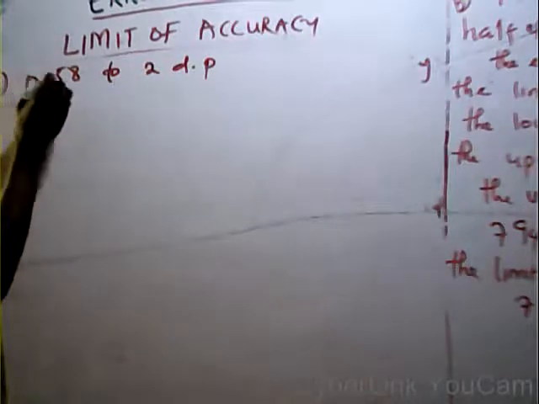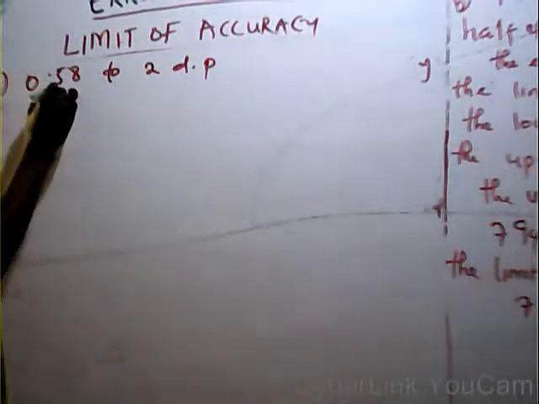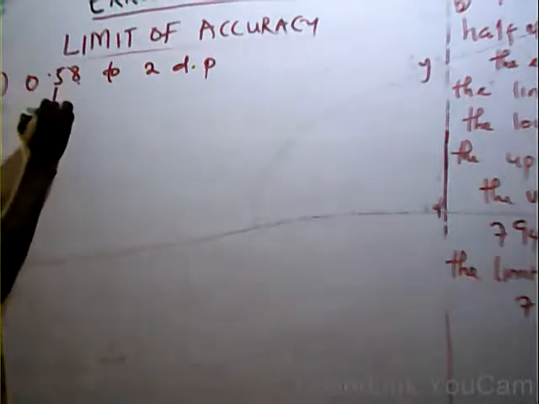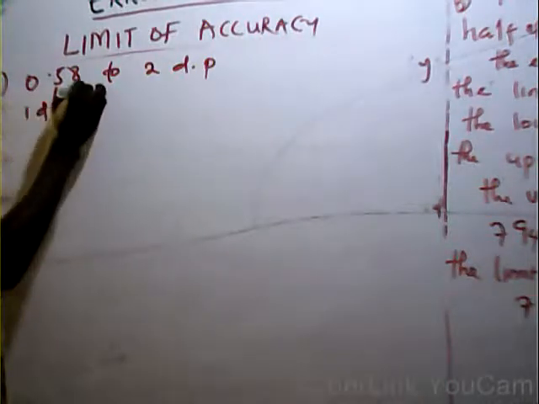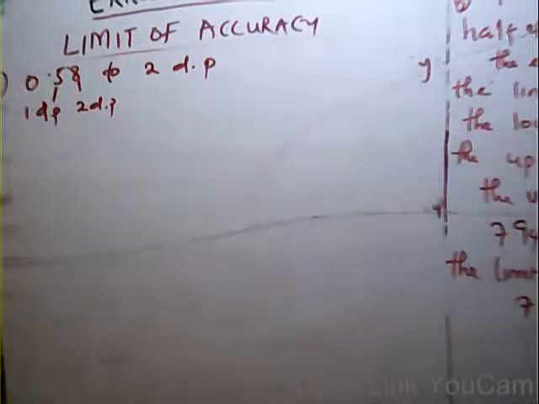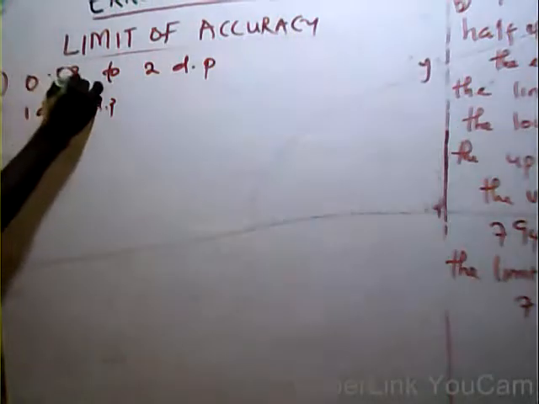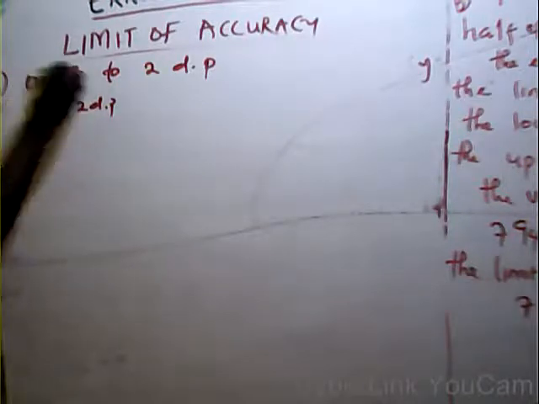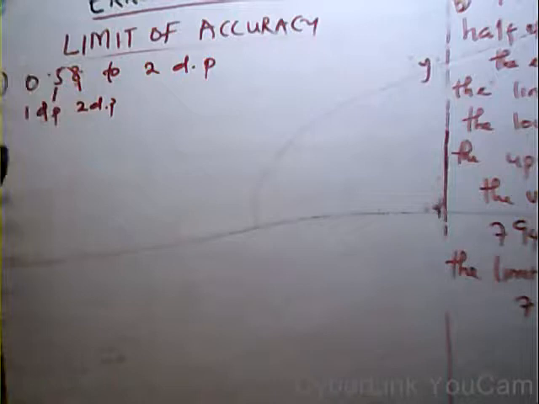Look at it. This is 1 decimal place. This is 2 decimal place. You see that these 2 decimal places fall on this part. Are you getting now? So 2 decimal places fall on 8.